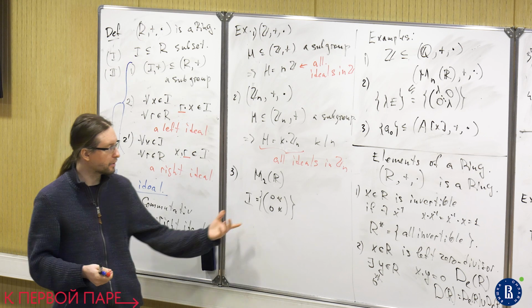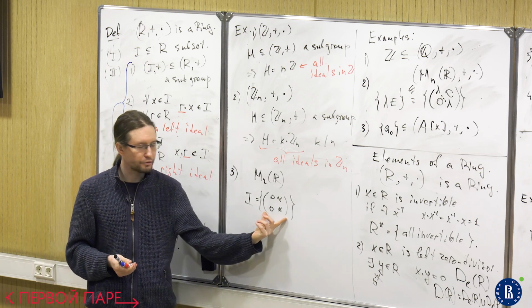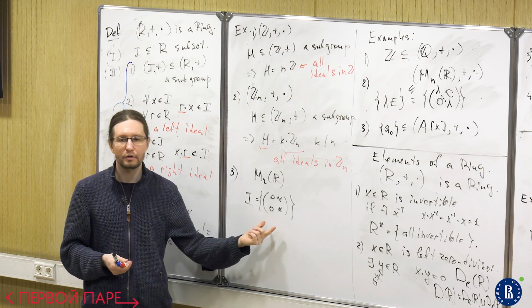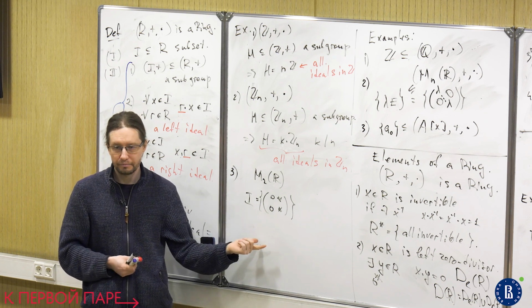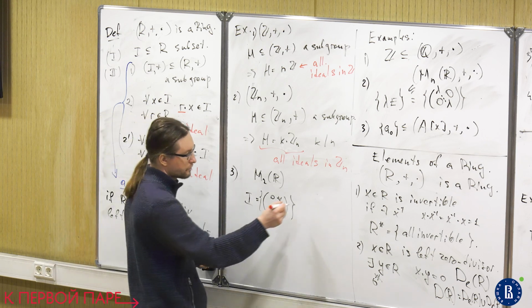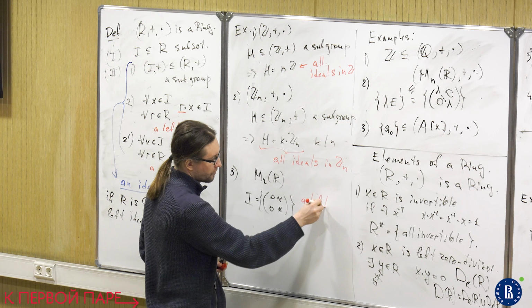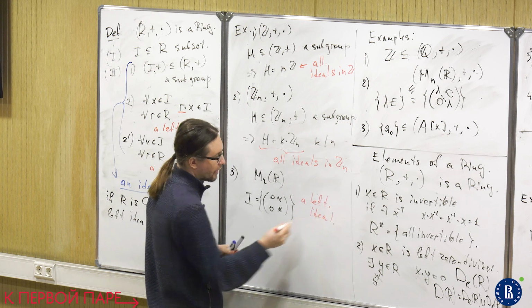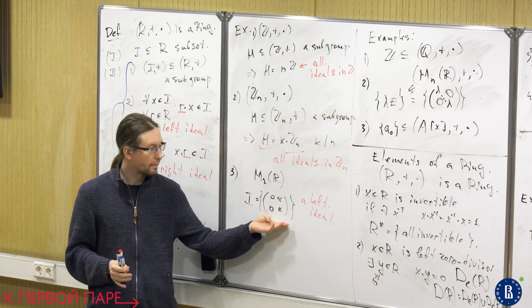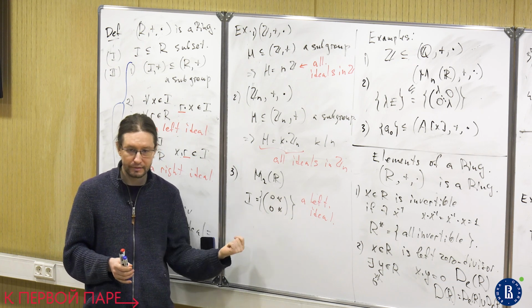If you multiply every matrix of this form on the left by any other matrix, the first column will remain 0. So this is a left ideal. I'm not saying that every left ideal is of this form. This is not true. But this is an example of a left ideal.